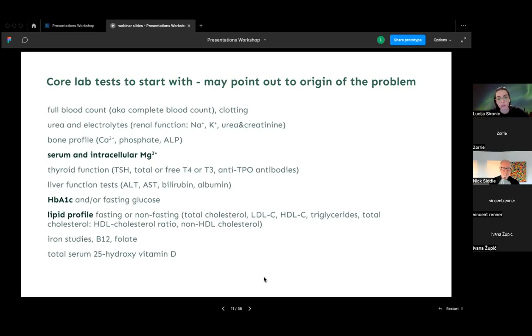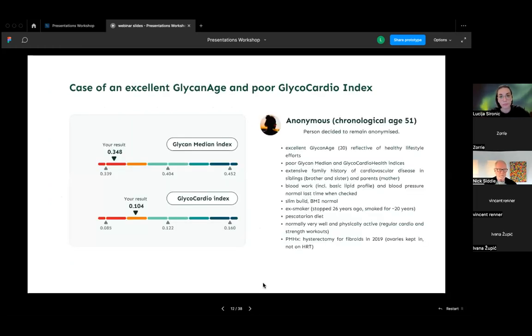Lipid profile, which can be basic or a bit more complex and could involve many different parameters, and things like making sure that they're not anemic, so checking iron studies, B12 and folate, as well as vitamin D. As you can see, a bunch of things, and there are many different things that you can think about, but these are the core ones that we should be considering in anyone's case when we really don't know what is going on, or in people who just haven't really had blood tests done in a while, and their GlycanAge comes back as really poor.